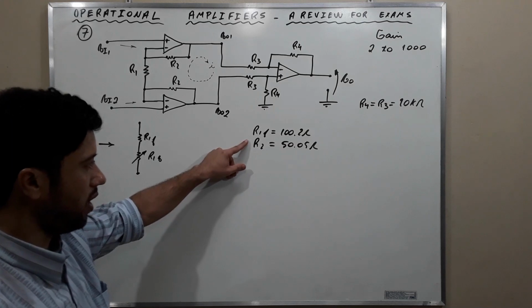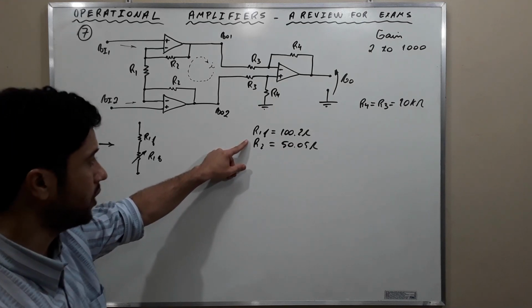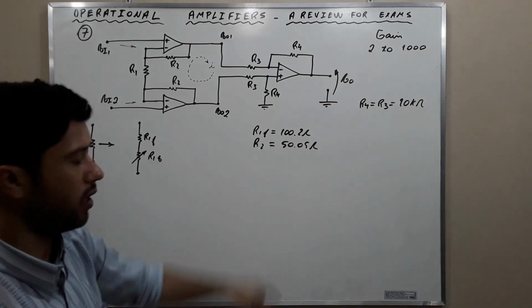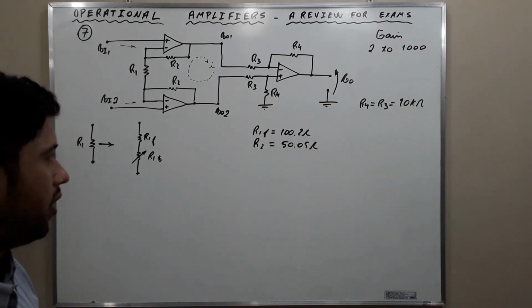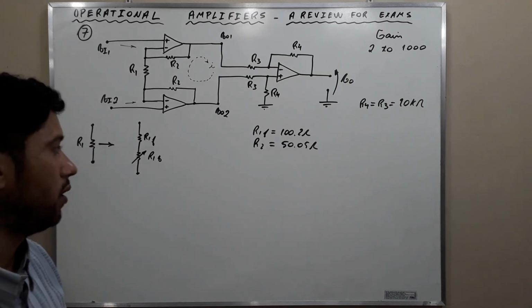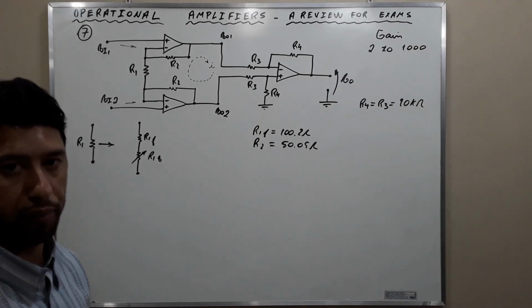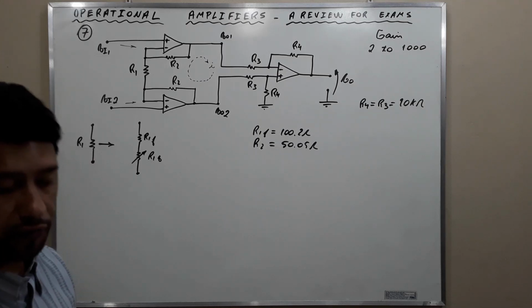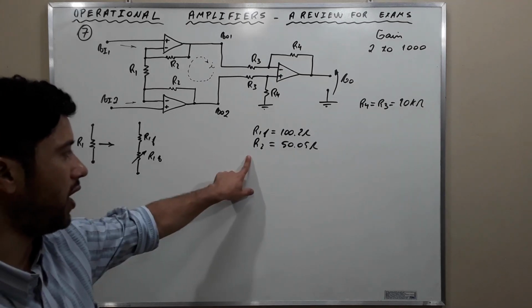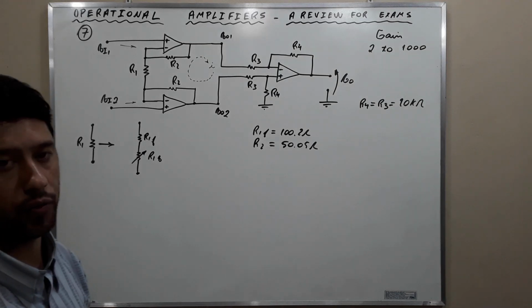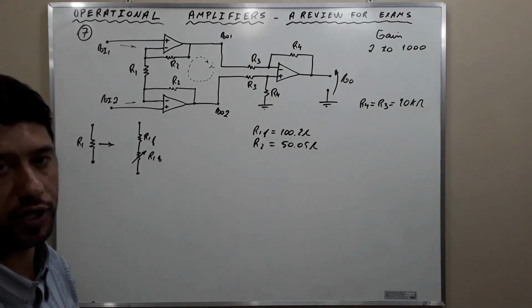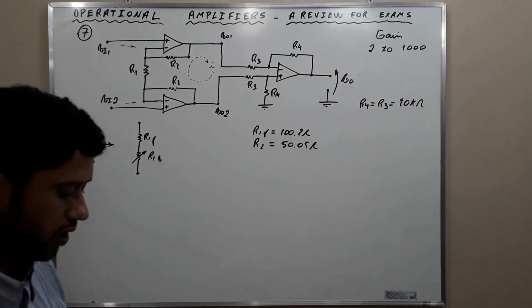These are not available in the market. These are the exact values, the perfect solution, but the real road is not perfect. We are not going to find these values of resistors in the market. We need to adjust our systems to what the market offers.